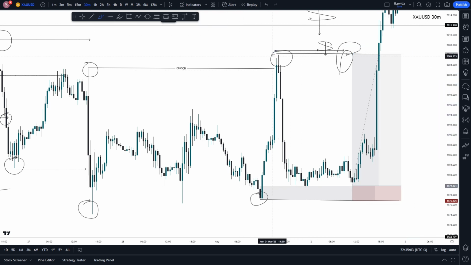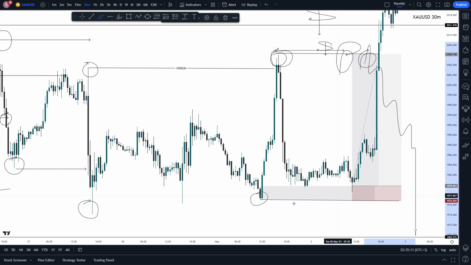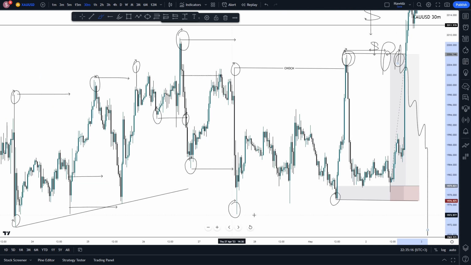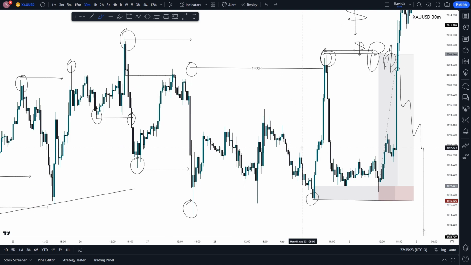And if price was to break this high here, because for all I know, price could literally just come here, wick above and then instantly go bearish and take out the lows, right? That could happen. Why? Because there's liquidity also being left in this side of the market. So there is sell side liquidity, but price creates and takes liquidity over time. So you just have to know which liquidity is going to be taken first before the other.